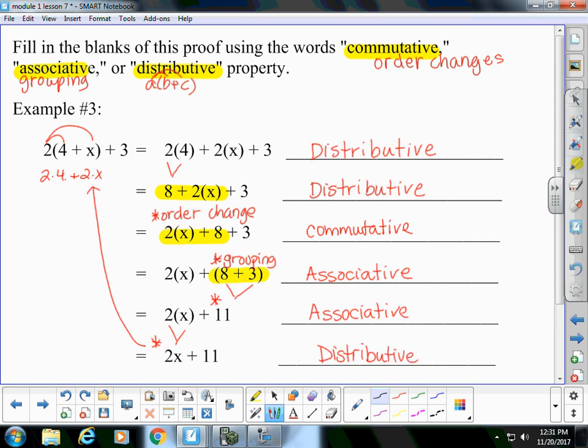See, if it were me, I would have just taken this distributive property here, and I would have just said that's 8 and that's 2x. But they did it in steps. They finally got the 8 on step 2, and they finally got the 2x on the last step. So they kind of took forever to do that distributive property. So that's why we've got the distributive property written down 3 times.